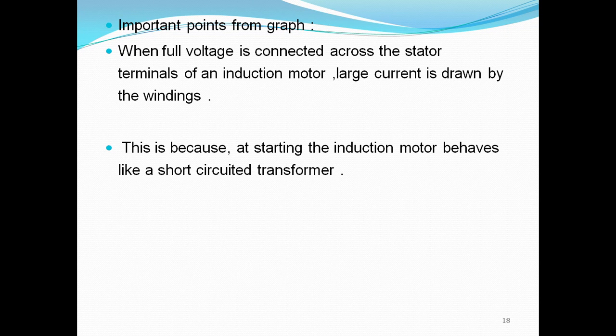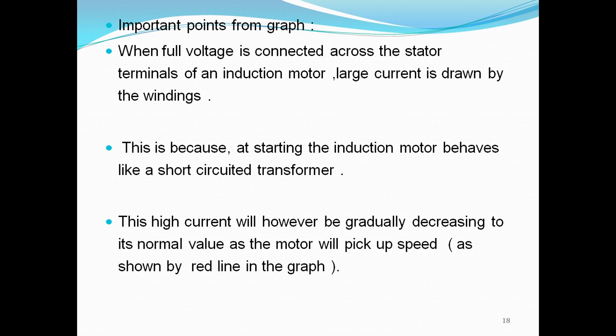From this, when full voltage is connected across the stator terminals of the induction motor, a large current is drawn by the winding. It is because at starting the induction motor behaves like a short circuit transformer. This high current will, however, gradually decrease to its normal value as the motor picks up speed.